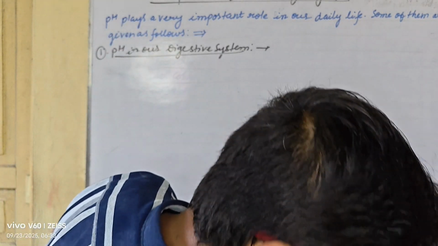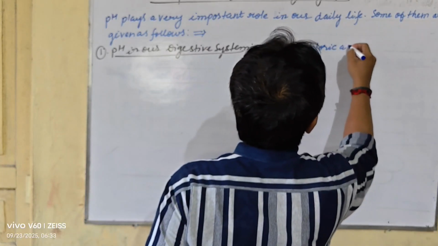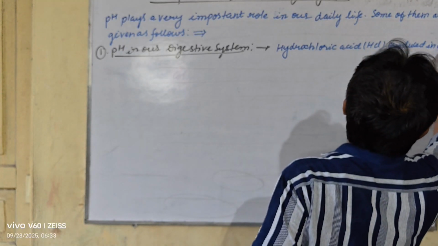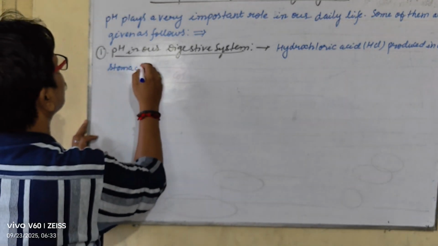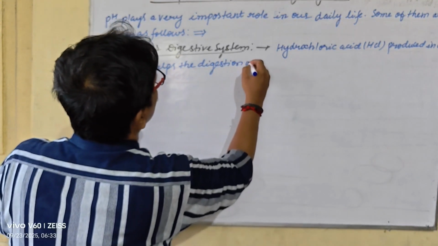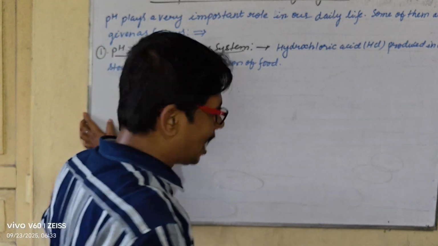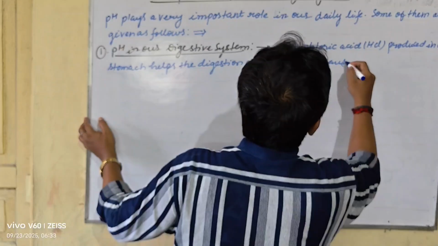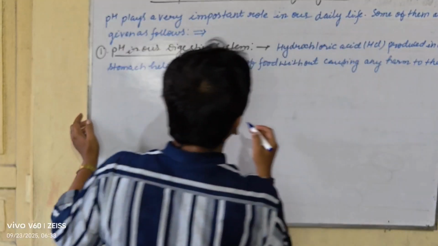Now we are going to discuss hydrochloric acid, that is HCl, produced in our stomach, which helps the digestion of food without causing any harm to the stomach.